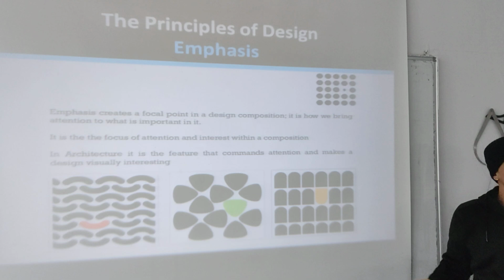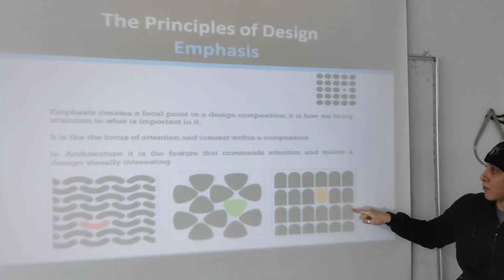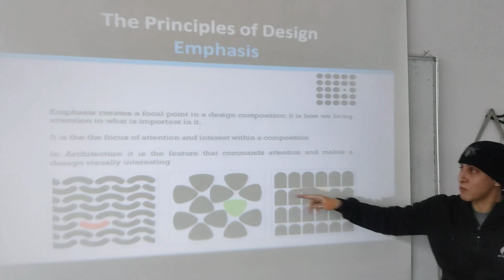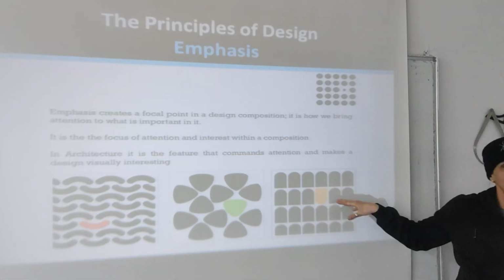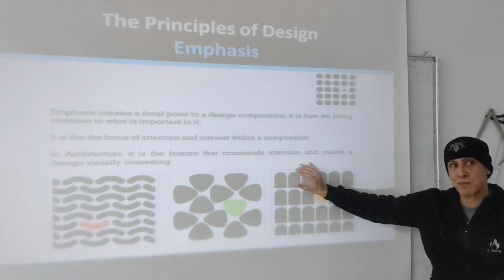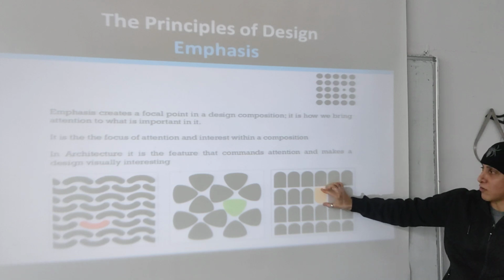So I said color can be used. So for example here, what do we have? Repetition of the same shape. Oh, we have repetition. Do we have rhythm here? Yeah. Here we have rhythm, okay? So we have also other things going on, but let us stick with emphasis. So we have repetition of the shape. Only the color has been changed on this one and rotated.